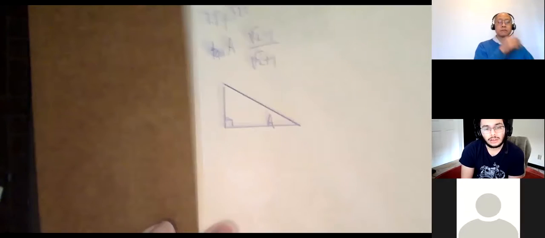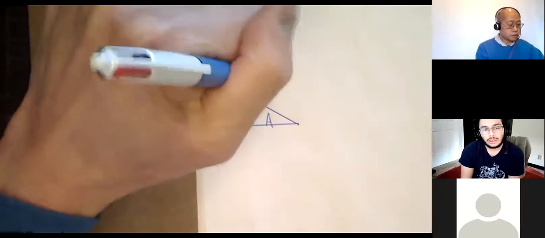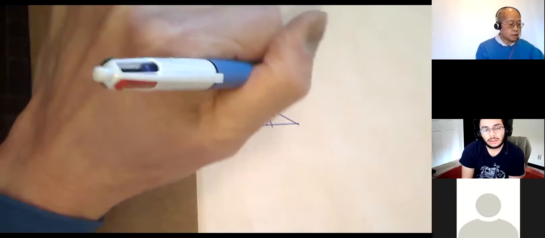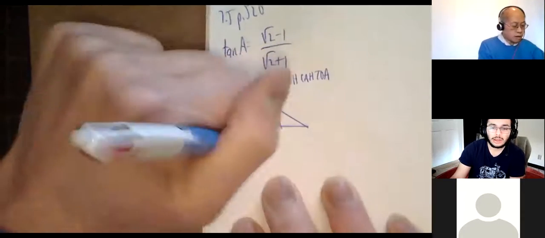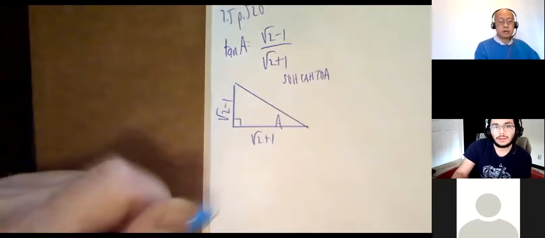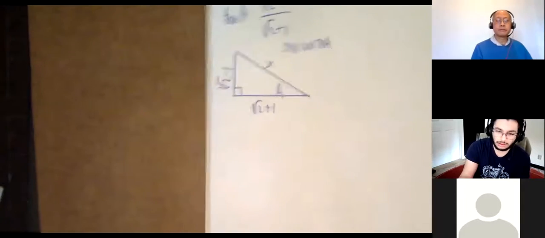Here's A. Tangent is opposite over adjacent, right? SOHCAHTOA. So opposite is radical 2 minus 1, and adjacent is radical 2 plus 1. And I have the hypotenuse, which I'll call x, I guess.